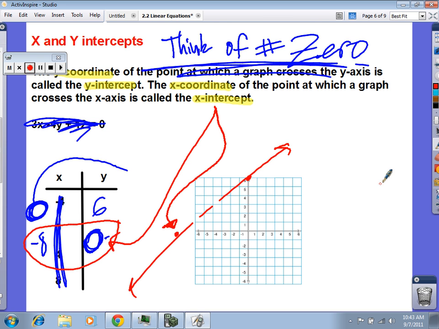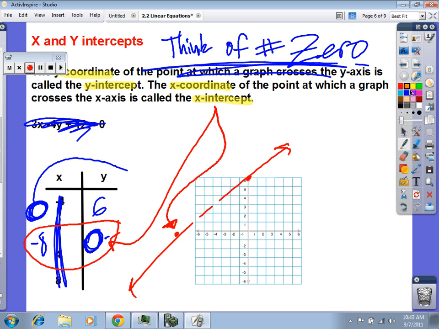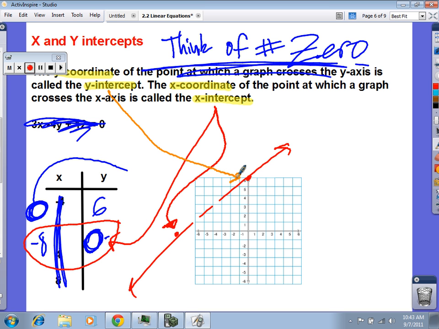And now which one is going to be the y-intercept? The y-intercept is right here. It's the intersection of your graph and the y-axis. And that happens when x is 0.